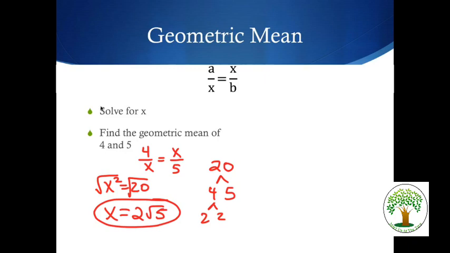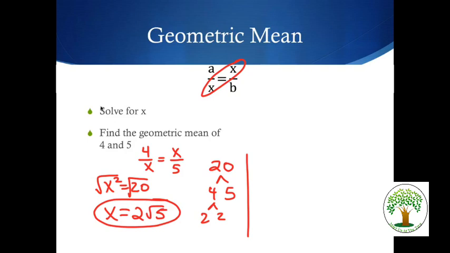This whole process is the slow way. The fast way is like this. Since you know that geometric mean is always going to be X times X, and you know the two numbers are always going to be on the diagonal, you know you're going to take the square root of both sides.